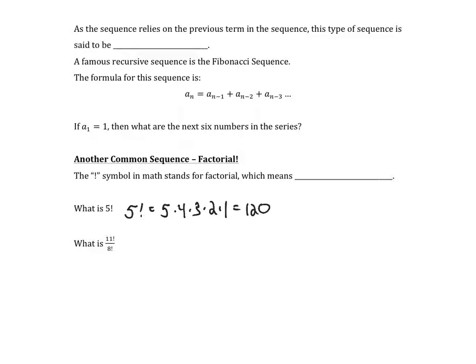And I don't have the calculator. Actually, I do. There is a button on the calculator that will do that for us. The math button, it should bring up math if you're on the TI-83 or something similar.